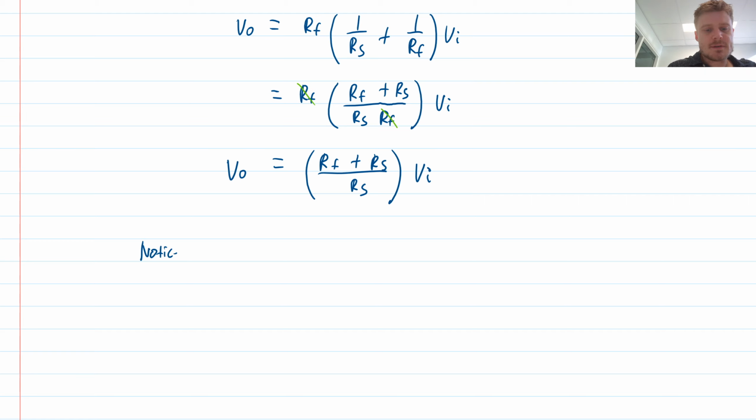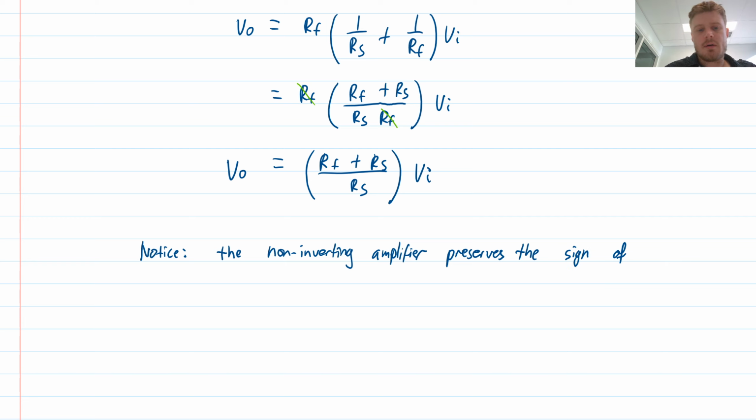So things to notice here, the non-inverting amplifier preserves the sign of the input, and the gain is given by Rf plus Rs divided by Rs.